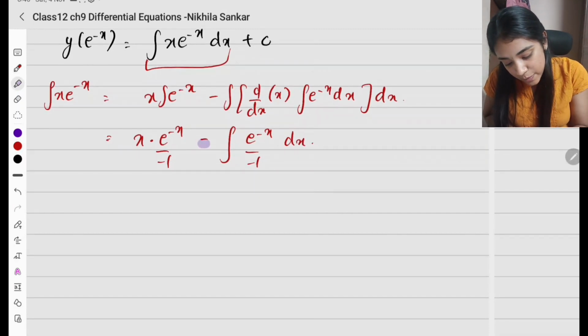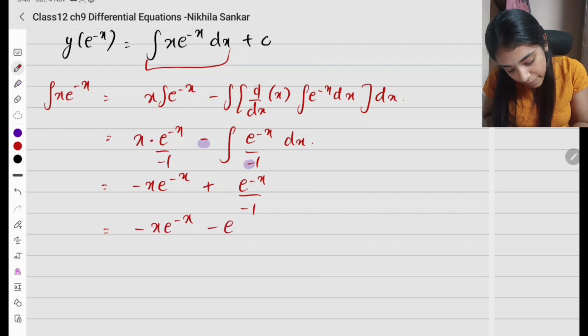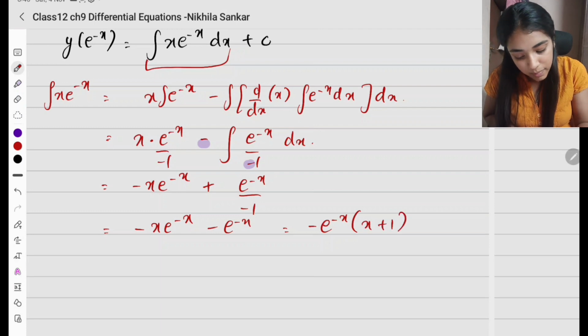Minus and the minus clubs together and becomes a plus. So enna agum? Minus x e to the minus x plus integral e to the minus x gives me e to the minus x divided by -1. So this is going to be minus x e to the minus x minus e to the minus x. Minus e to the minus x common எடுத்தா I'll have x plus 1.